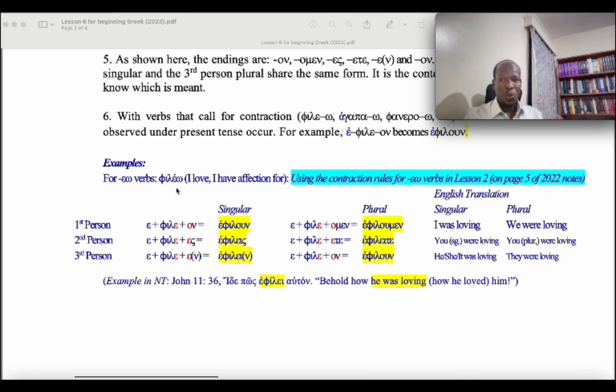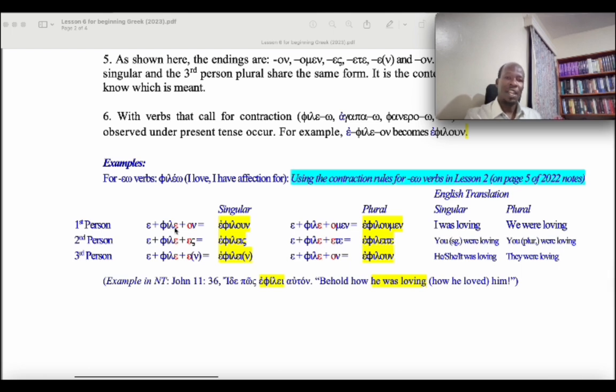So, what does the indicative require you to do in room one? An epsilon, right? Does the word we have begin with a vowel or a consonant? With a consonant. Phi is a consonant. So we have our stem. What does the stem end with?